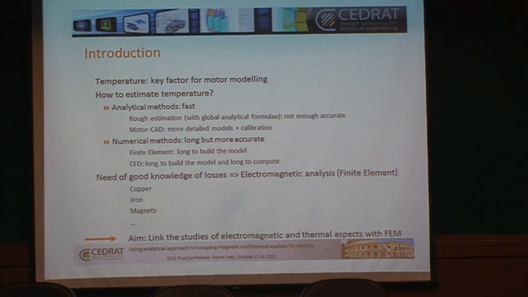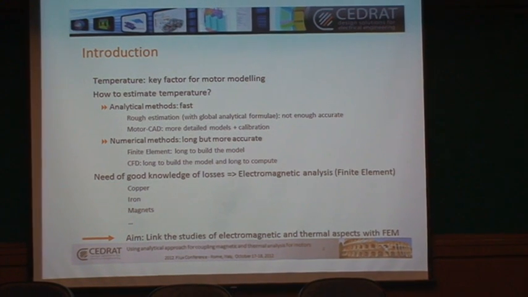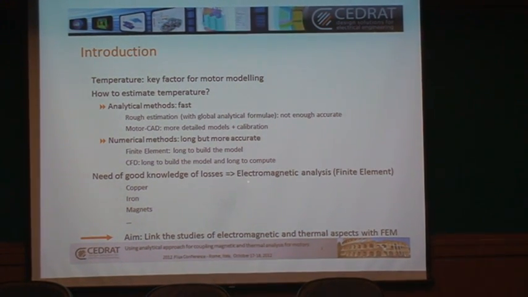CFD is what Star-CCM+ is, that was shown to you this morning. CFD requires heavy computing time, and it also needs quite some training. If you do a full finite element model, you have to mesh everything, and then you have a lot of matrices, and maybe it takes a long time.